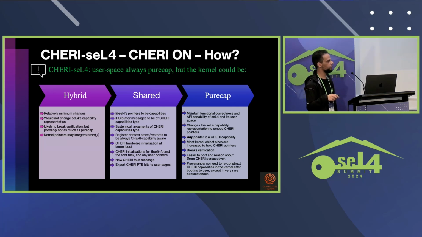And we are also going to export new PTE bits, page table bits for CHERI, to user space, and this is helping with CHERI revocation, and probably with not being able to propagate some CHERI tag bits between different protection domains.